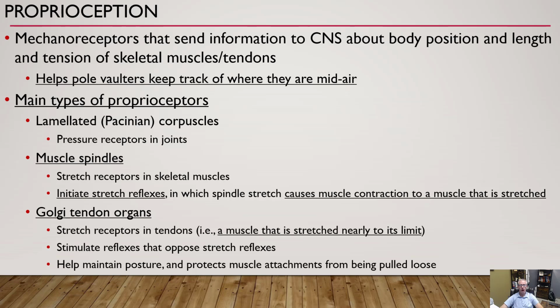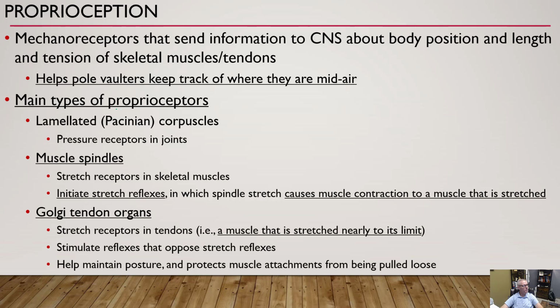Mechanoreceptors. Remember what mechanoreceptors do. They look at the tension of skeletal muscle and tendons. So they help gymnasts make sure where they are in the air, and help pole vaulters know where they are when they're pole vaulting.